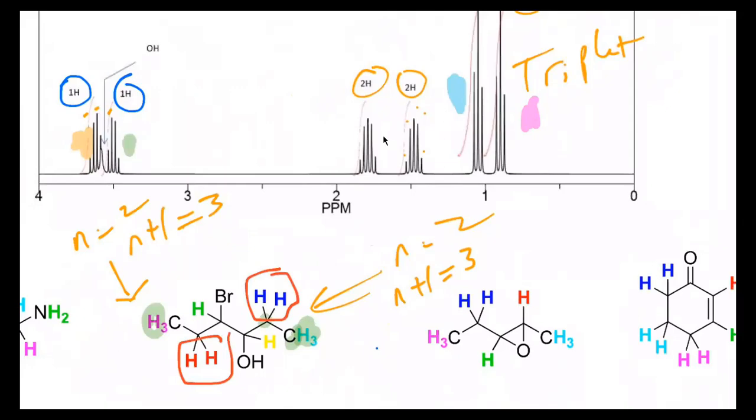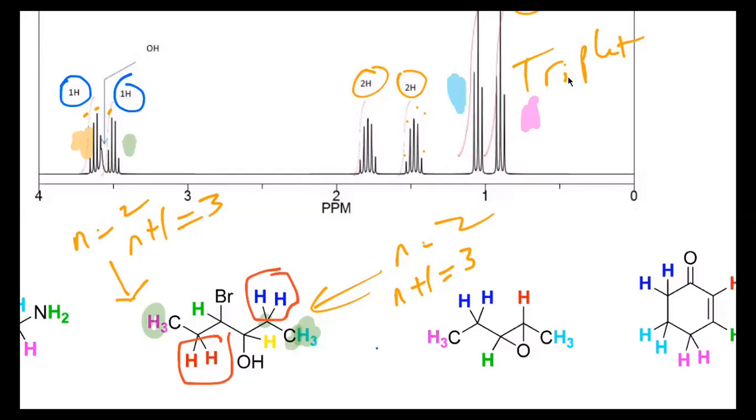Can somebody tell me why those two are not equivalent? I mean, they're both CH2s, right? So why are they not equivalent? It's not symmetrical. So even though it's a CH2, it's not the same, right?